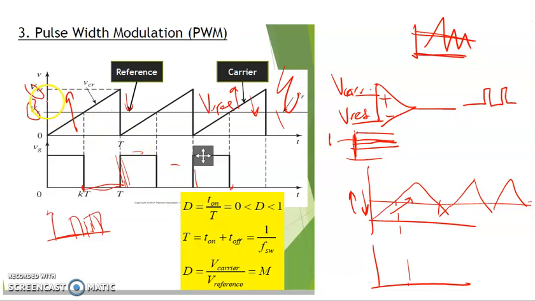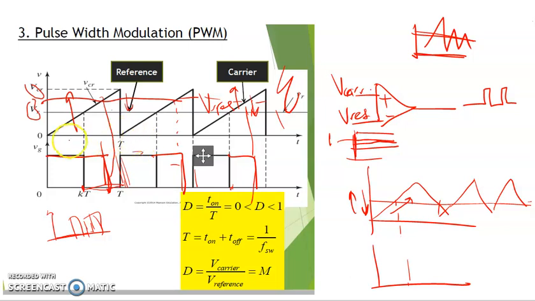Assume we have a carrier at this level, so the width of the signal will be at this point. Sorry for the drawing, my pen is not so precise. So it means we have a higher modulation value.